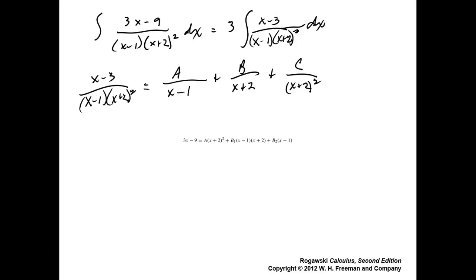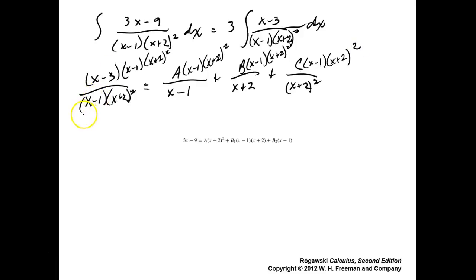What's next? Multiply both sides by your least common denominator, which will be x minus 1 times x plus 2 squared. The left-hand side is relatively easy.